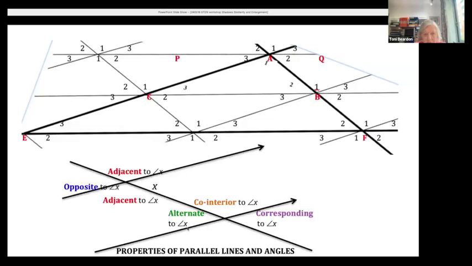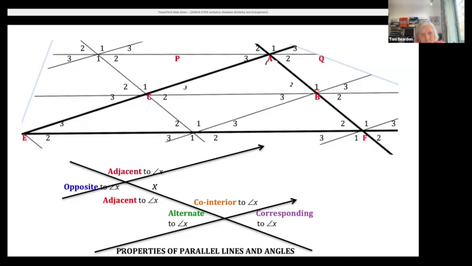So here are some of the names that we use. You've got opposite angles. So where you see 1 and 1 here, 1 and 1 here, they're just opposite angles with two intersecting lines. Adjacent angles are like here, you've got adjacent angles on a straight line. 2 is adjacent to 1 and 3 there.